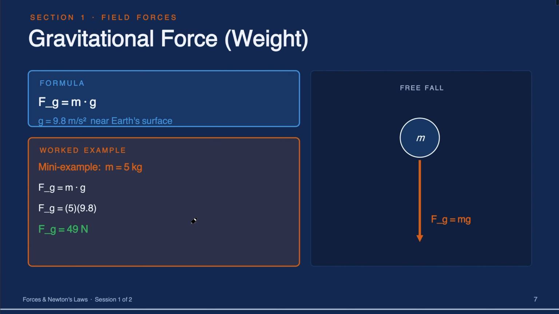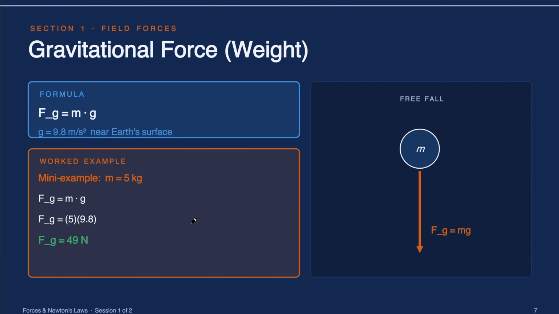Okay. So let's look at gravitational force, or weight. Fg, or force due to gravity, is equal to m times g. M you can probably guess, right? That's the mass of the object. And g is the universal acceleration due to gravity, which is a new quantity, but it works out to be 9.81 meter per second squared, which is basically, if you jump up, what is your acceleration due to gravity?